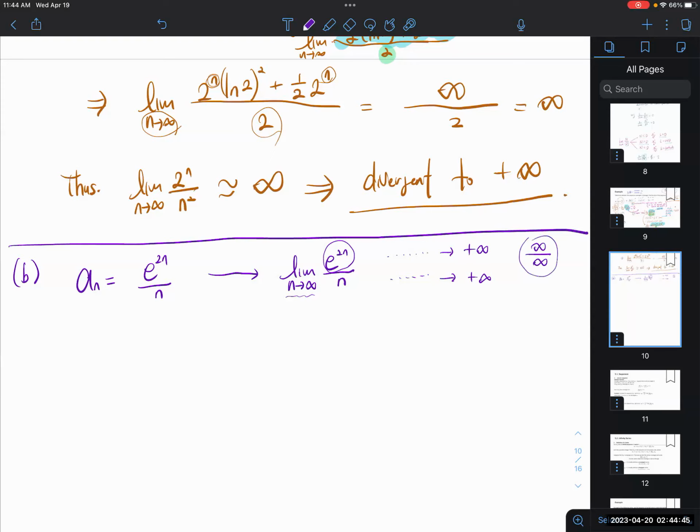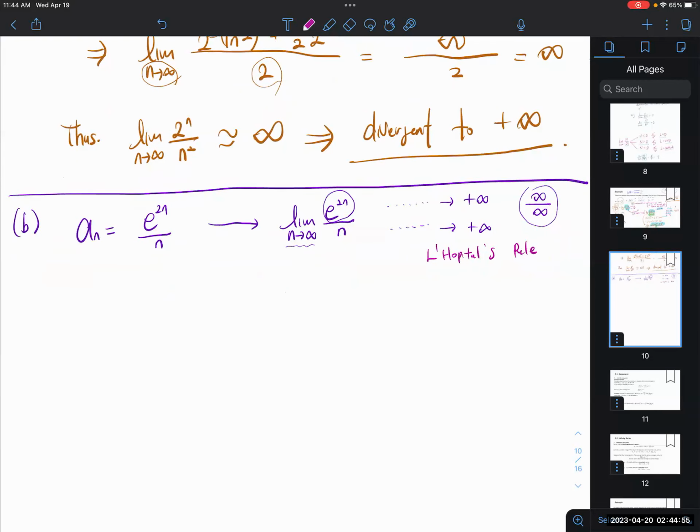Again, indeterminate form. So we're going to use L'Hopital's rule again. You're going to take the derivative of each one. So the limit as n approaches infinity of d/dn of e^(2n) over d/dn of n.